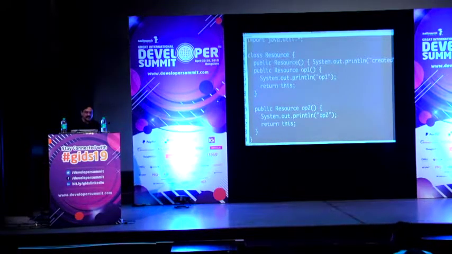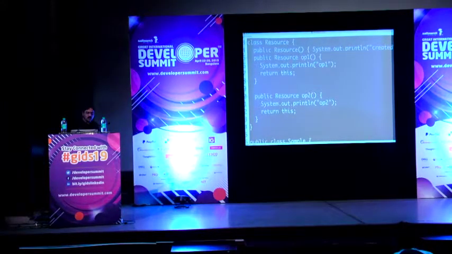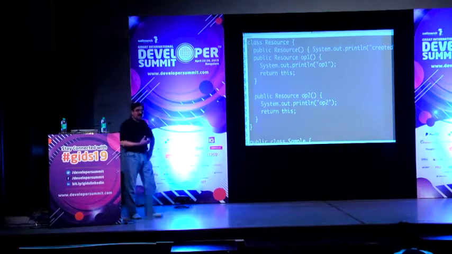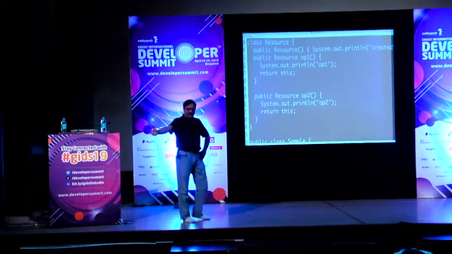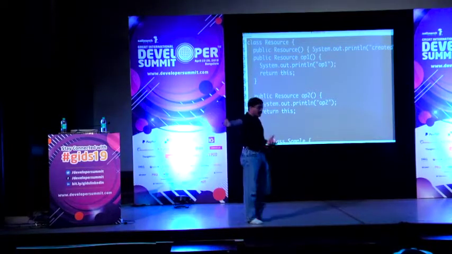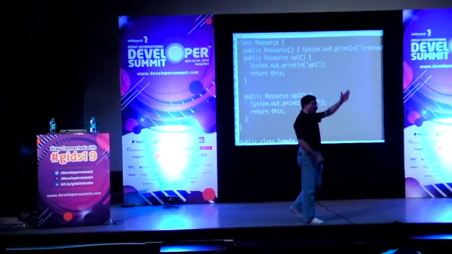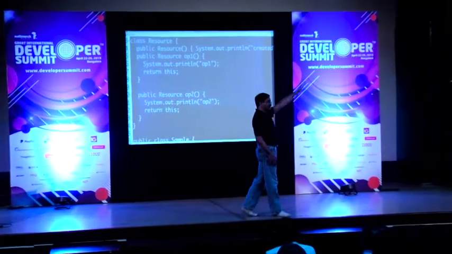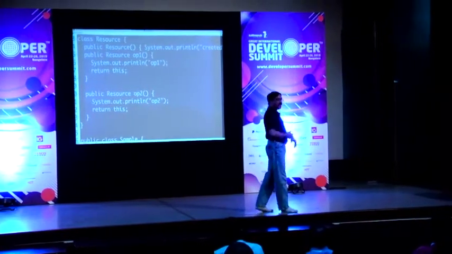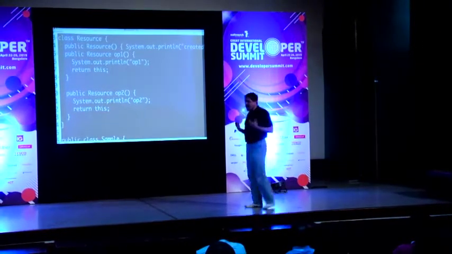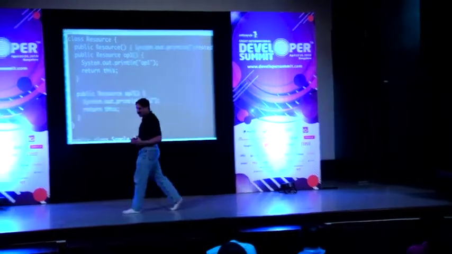But imagine for a minute that this resource is an object that contains some really external resources. Maybe it's got a connection to a database. Maybe it's got a reference to a file system, maybe an open socket, maybe a connection to a microservice, whatever it is, right? It's an external resource. Well, how do you release that external resource?